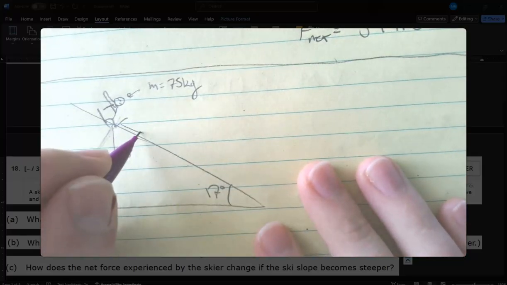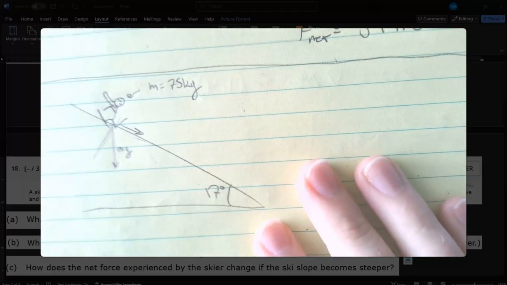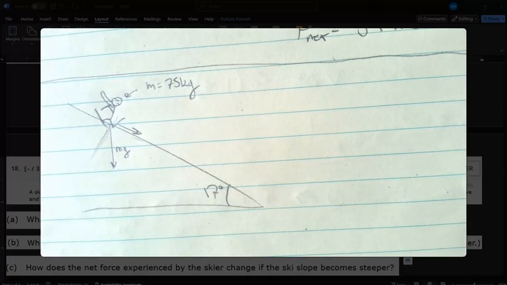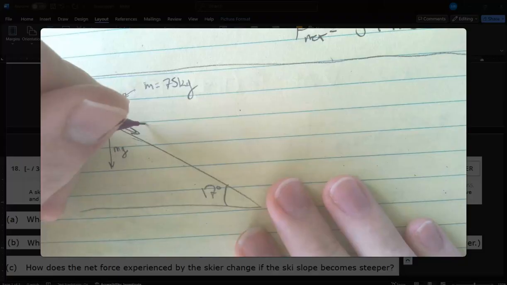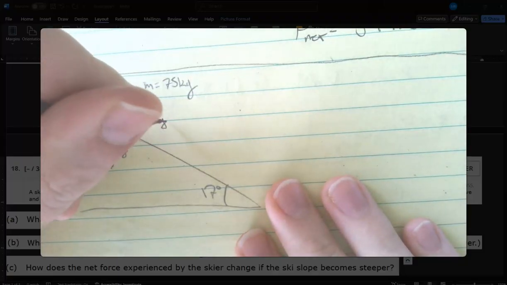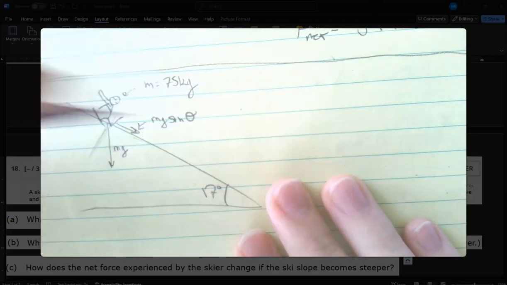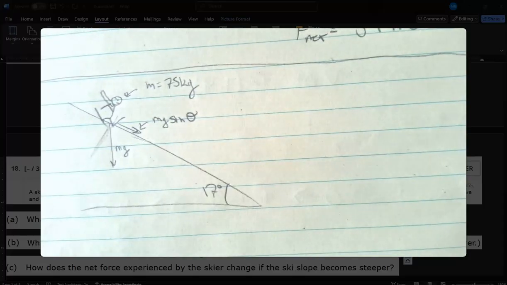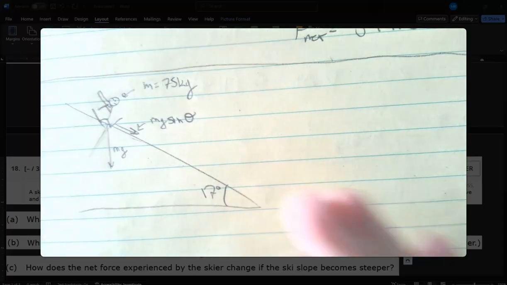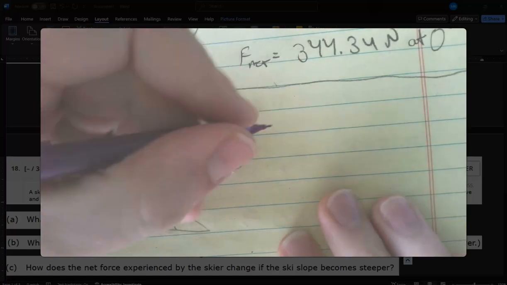We're mainly worried about this force here. You can make similar triangles and work with some right triangles, but in a nutshell, this force is equal to mg times the sine of your angle. That's the main force that we're worried about there.